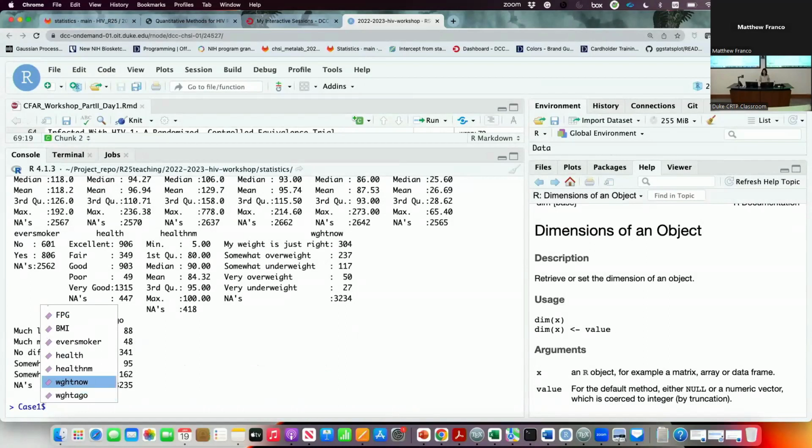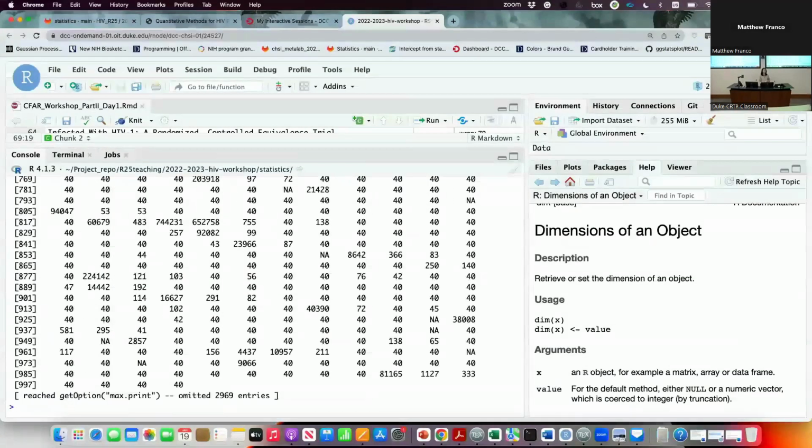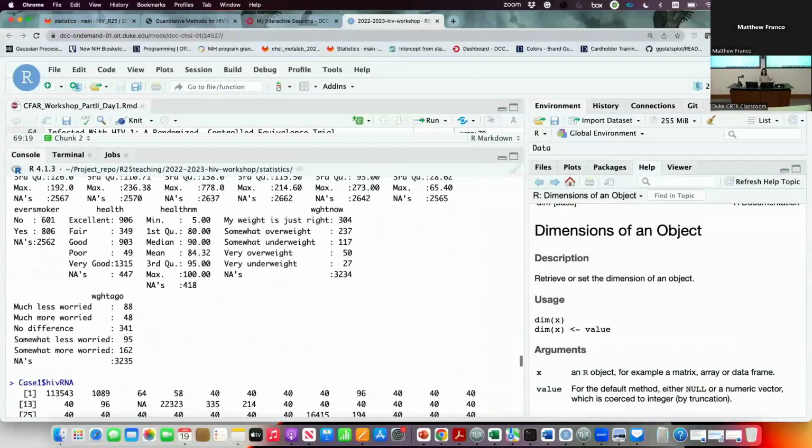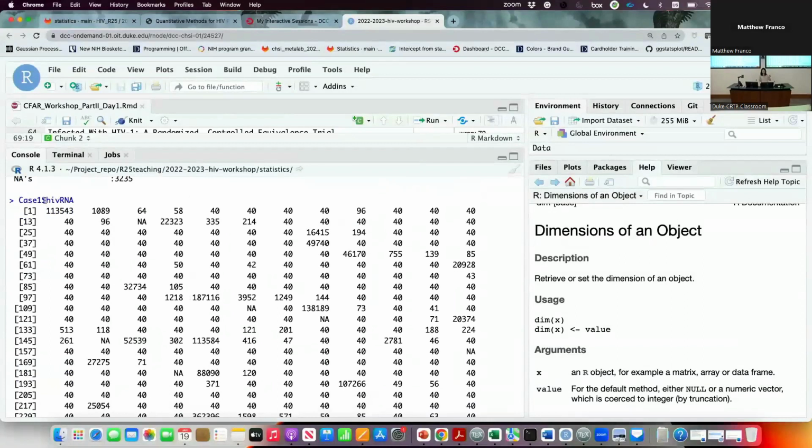So you can use your keyboard to look at just this HIV RNA. You click on this and you type enter. So this gives you all the recordings for about 4,000 people with this HIV RNA reading.